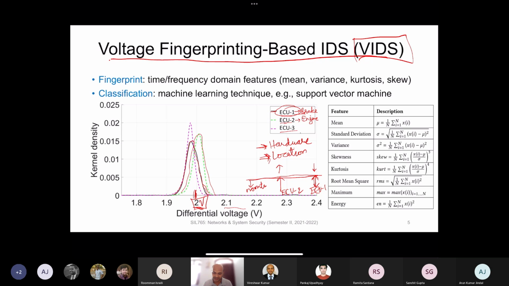The location of the ECU also plays a role, and therefore you see the distribution. So is this distribution part clear to everyone? Do you know what this voltage value is and what this distribution is about?